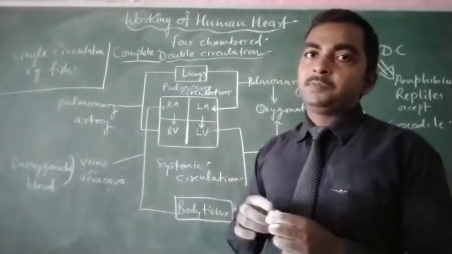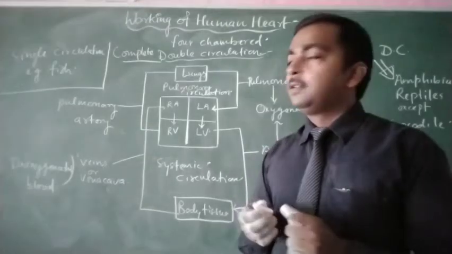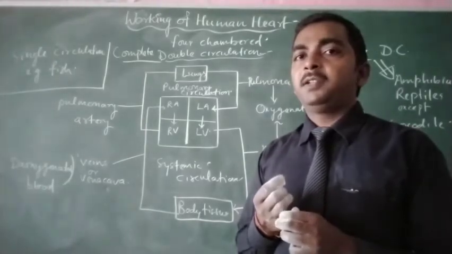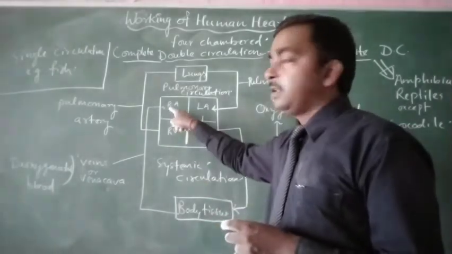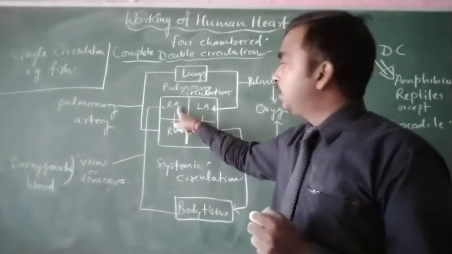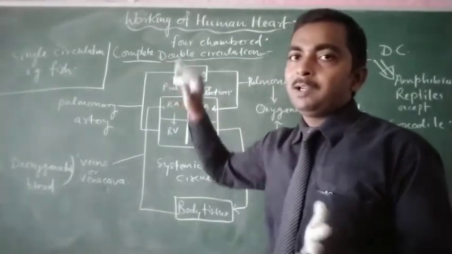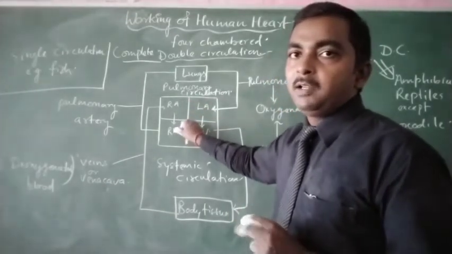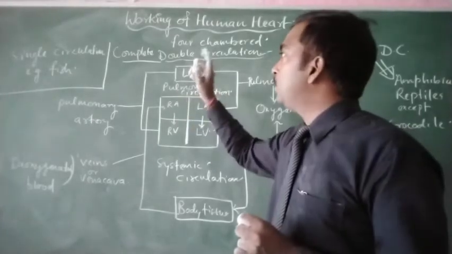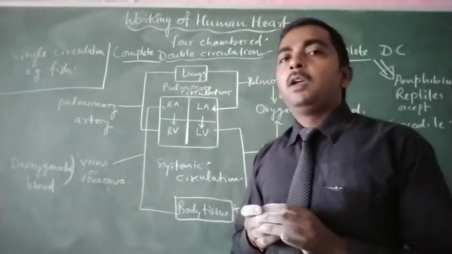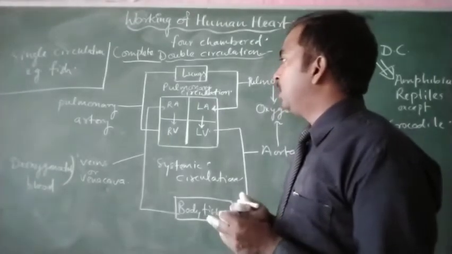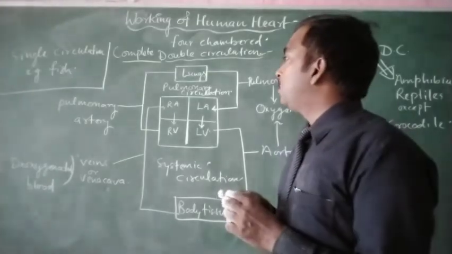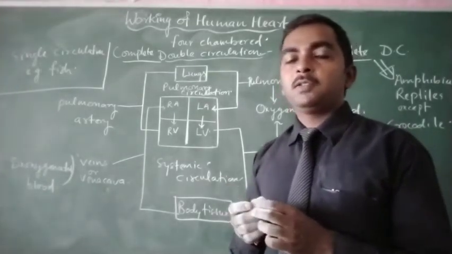On the other hand, another question may arise: which chamber of the heart receives deoxygenated blood. The answer will be the right atrium or right auricle receives deoxygenated blood from all parts of the body, and it transfers the deoxygenated blood to the right ventricle, and the right ventricle transfers it to the lungs. And also the question related to blood vessels, which blood vessels transfer blood from the heart to the lungs.